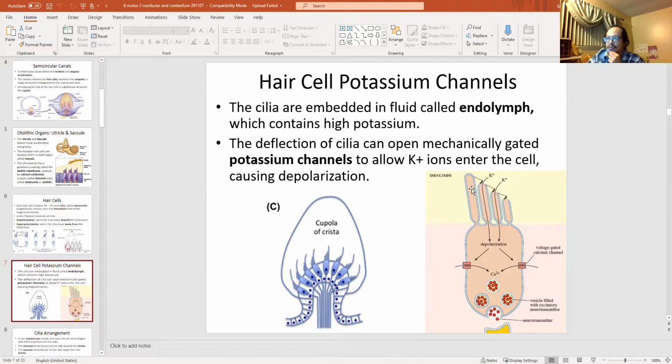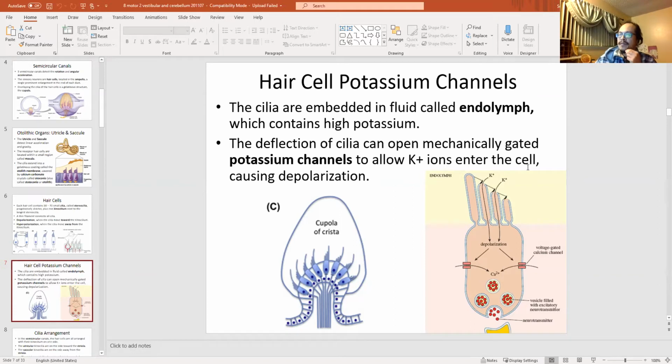If it's bending toward the kinocilia, the potassium channel opens. Now, typically, a potassium channel can lead to hyperpolarization because inside of the cell we have high potassium, and the extracellular space typically has low potassium. So when the potassium channel opens up, potassium flows out and leads to hyperpolarization. It's a typical inhibitory signal.